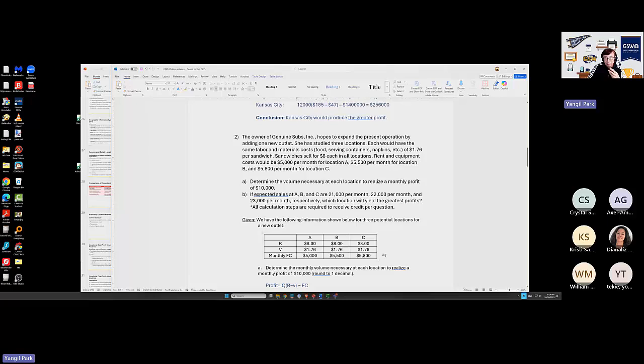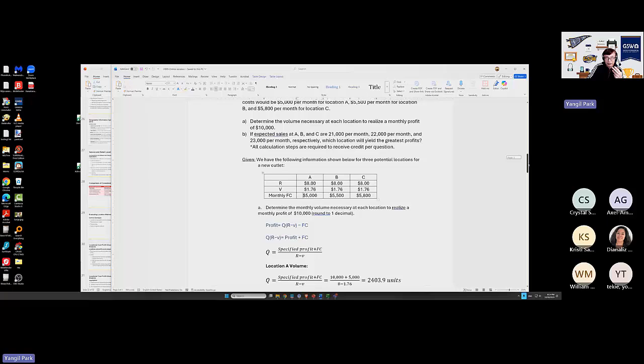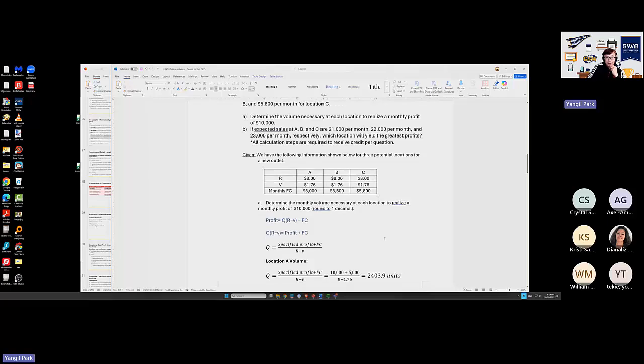We're trying to find the best location based on profit. First we're going to determine monthly volume. This time we're going to find the quantity or volume based on the cost and revenue. Assuming we want to make a $10,000 profit, how many sandwiches do we need to sell? That's the kind of question we have.